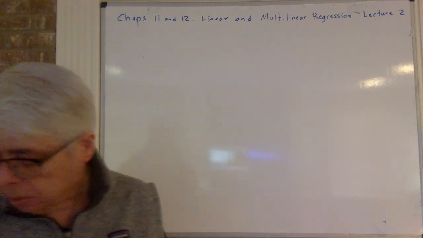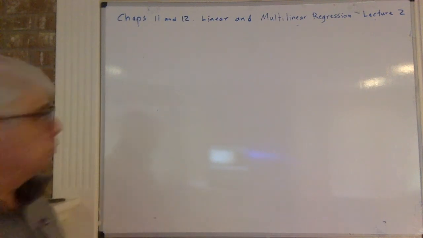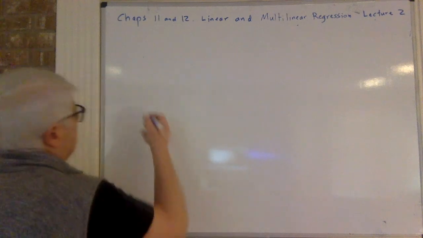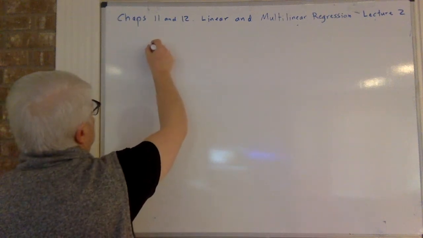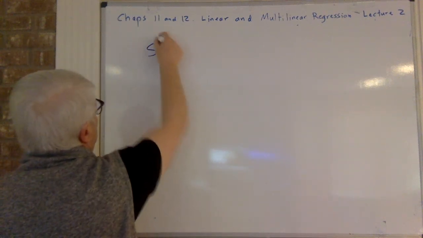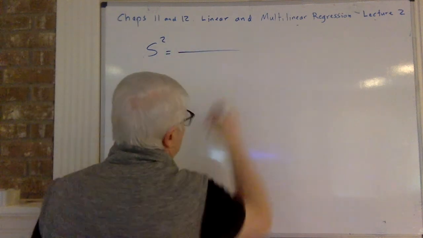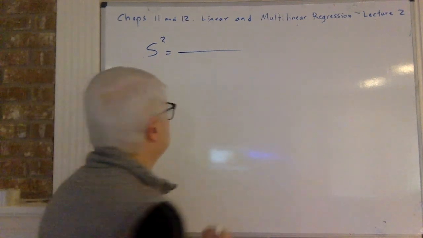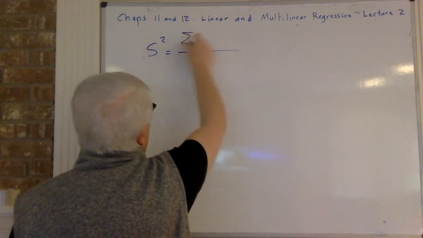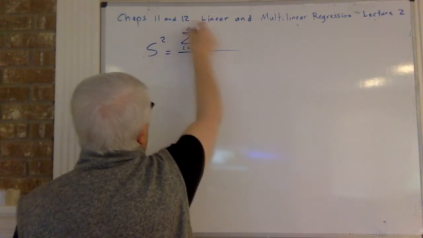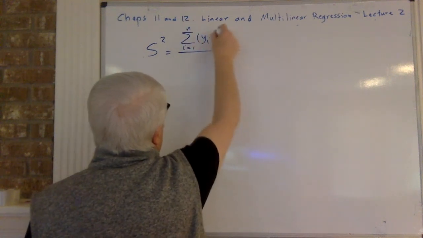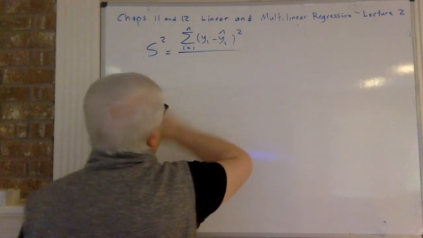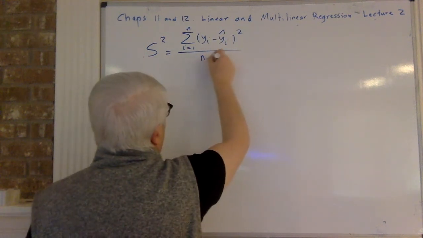And also, I have given the proof for that sigma squared. So I have given S squared equals the sum of (yi minus y hat i) squared over n minus 2.